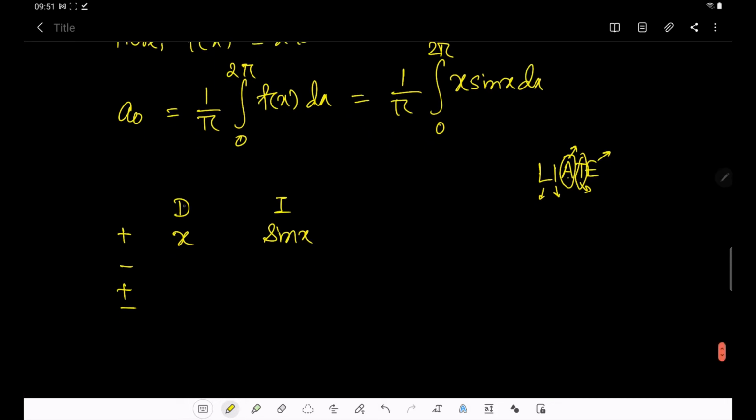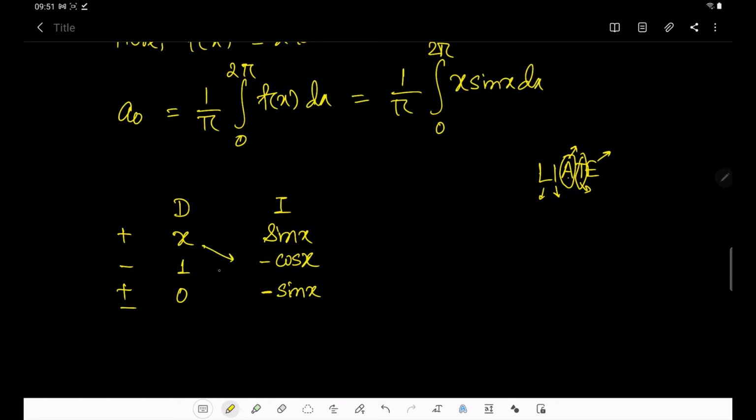Now we find the derivative of x, and the second derivative is 0. Now we perform the integration of sin x, which will be minus cos x, and again the integration of minus cos x produces minus sin x. Fine.